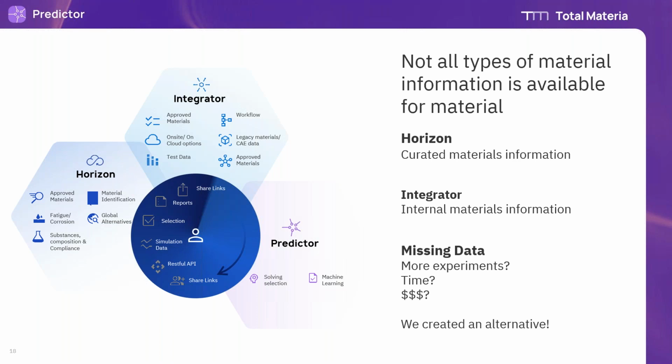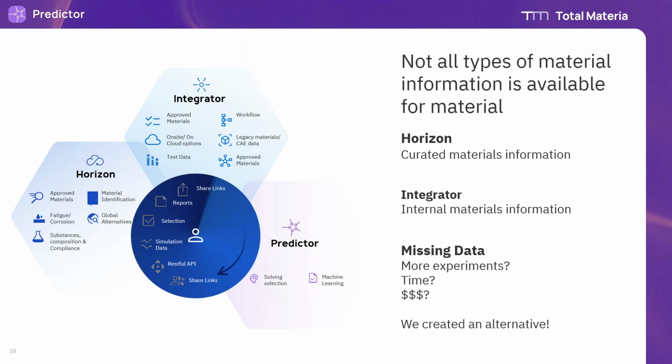Horizon created materials information will give you 5 million of these. Integrator will give you an option to test those materials and generate near real data.